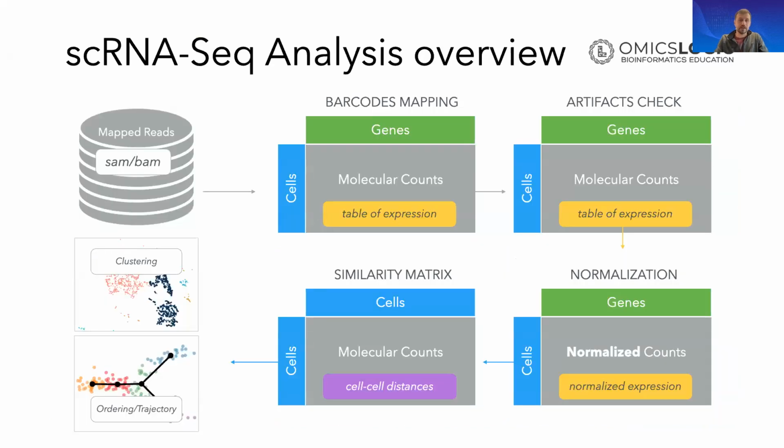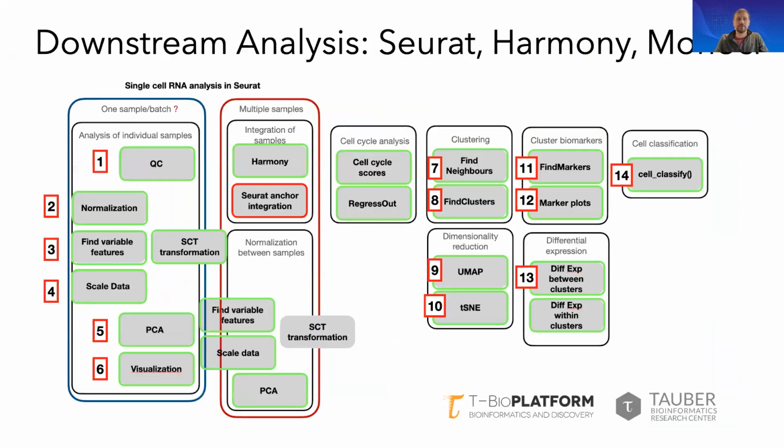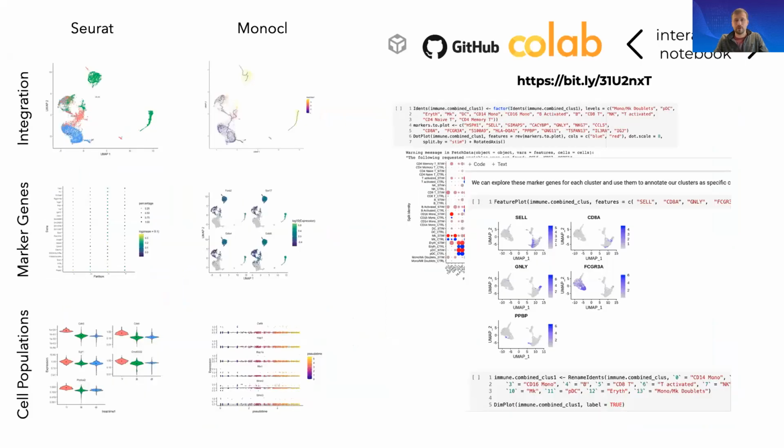In addition to that, we then go on to one of the maybe most exciting areas of transcriptomic data analysis, which is single cell RNA-seq analysis. We also have a very basic processing pipeline, as well as a downstream analysis pipeline for Seurat and Monocle, where we go from the logic and then apply all of the logic in terms of code that could be run on Google Cloud platform using Google Colab.